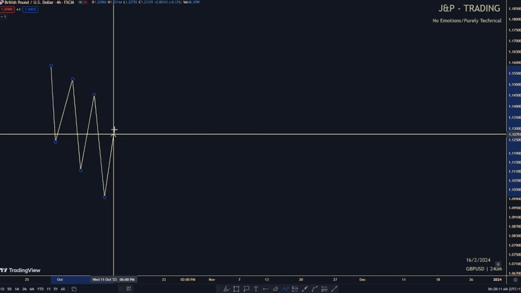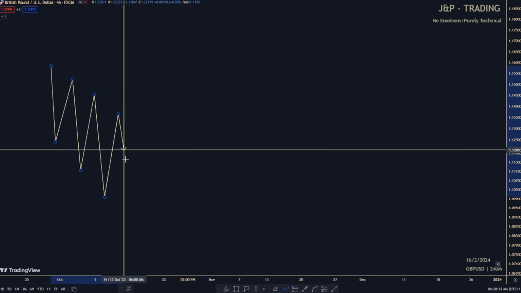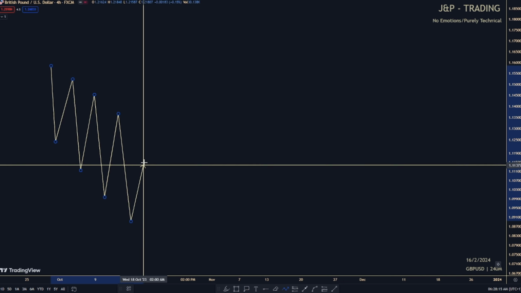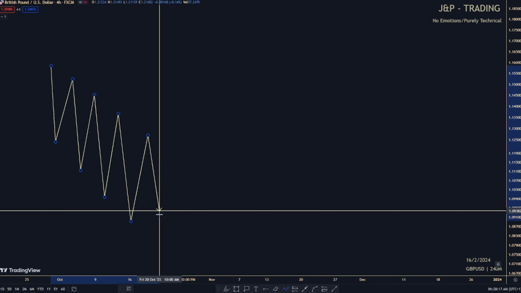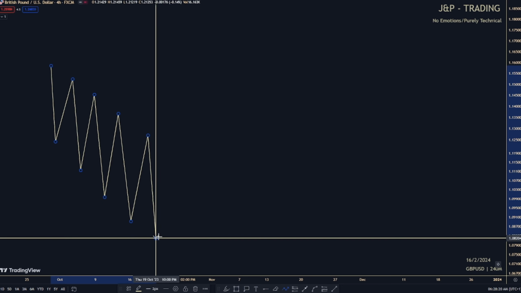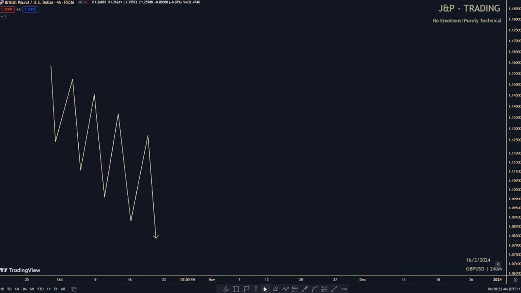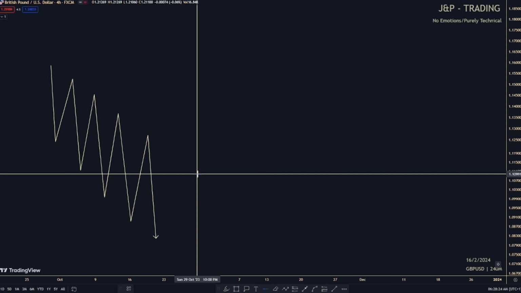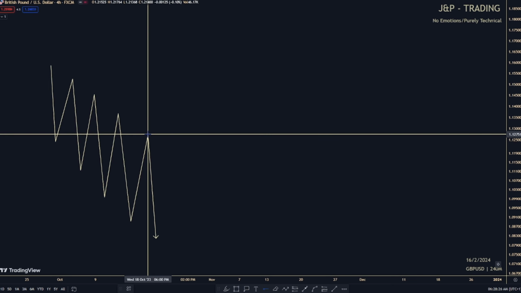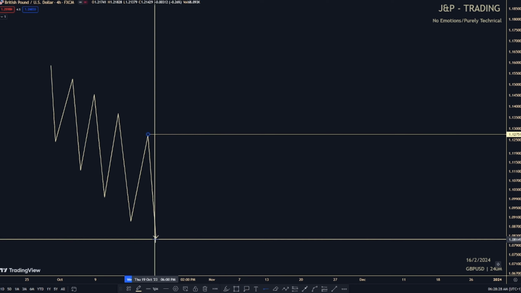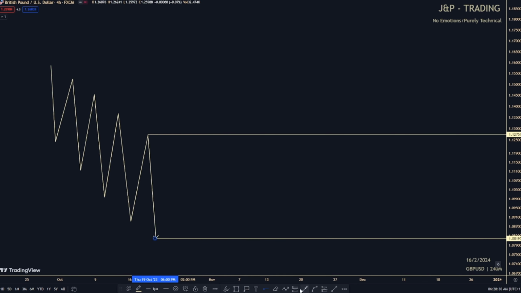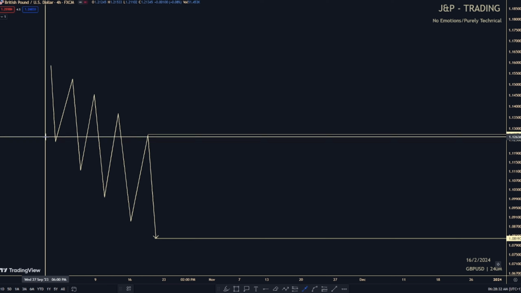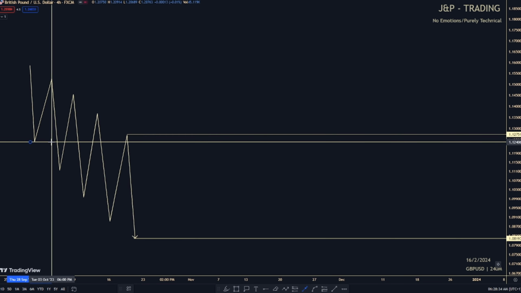It will be going down in a descending channel, in a descending formation. That's for you to know the trend of this market is actually going down. When the trend is going up, it does the opposite of the same thing. So when the market is going down, what you'll be having is a series of lower highs and lower lows.